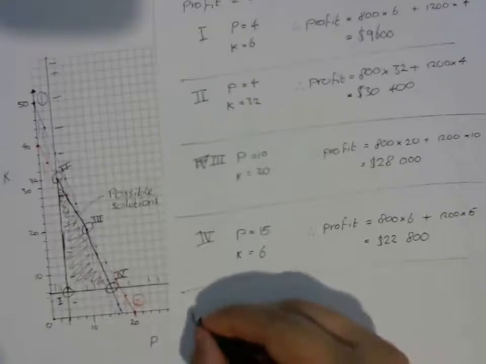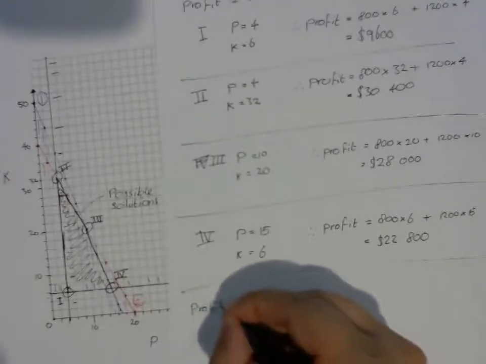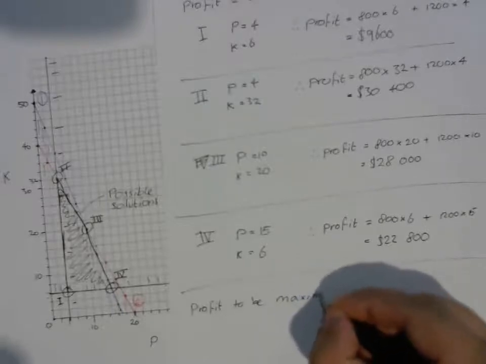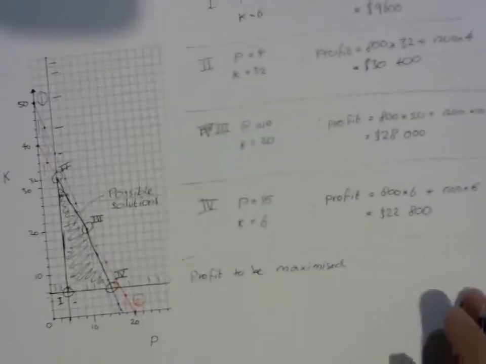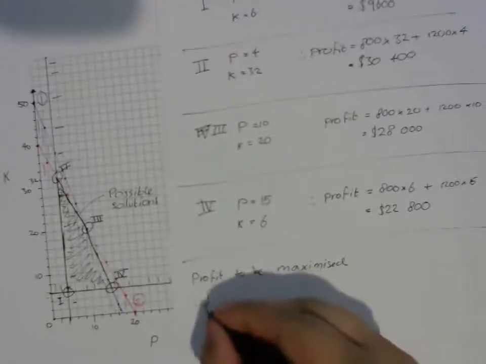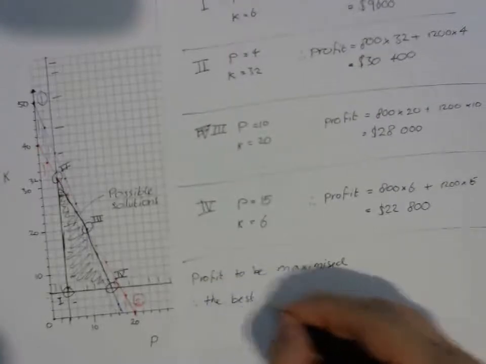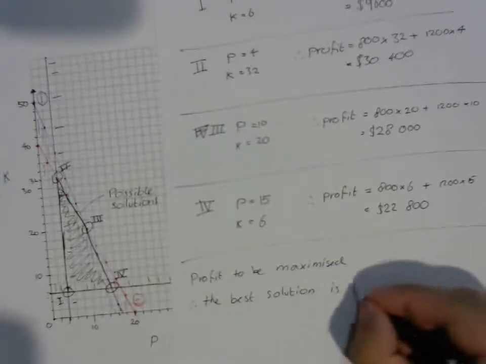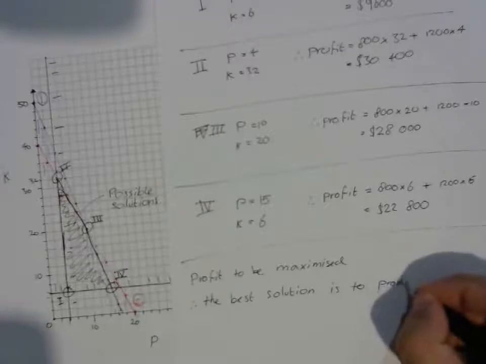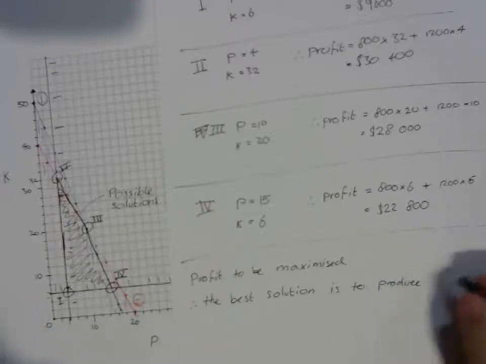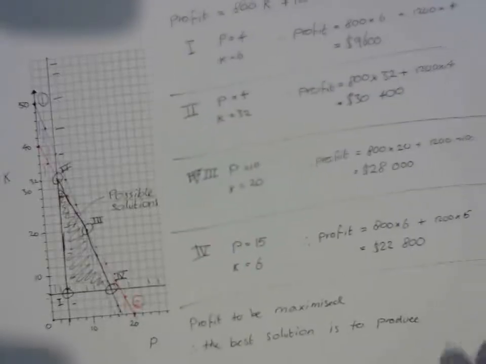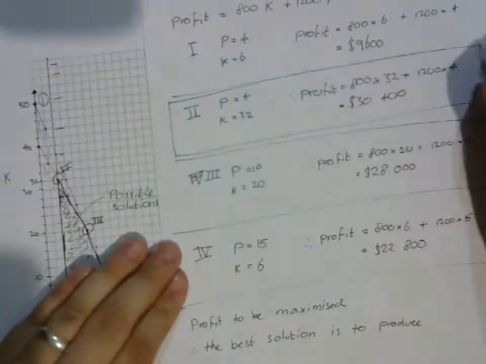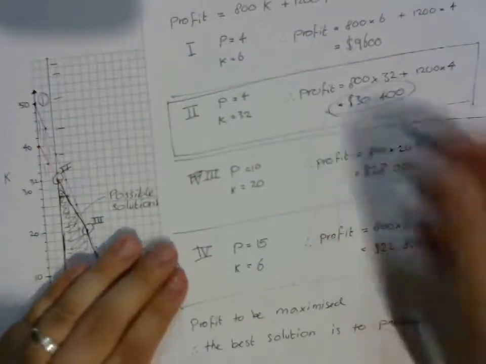Now this is profit. We want profit to be maximized. Therefore, the best solution is to produce, and the one with the best profit was option number 2. It's the largest profit.